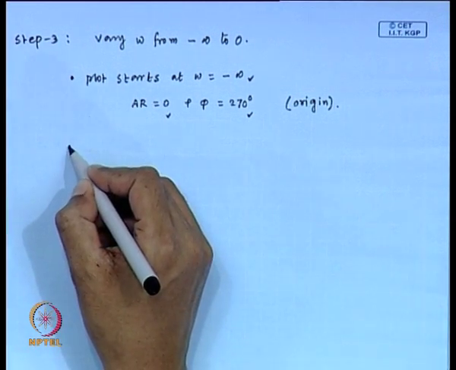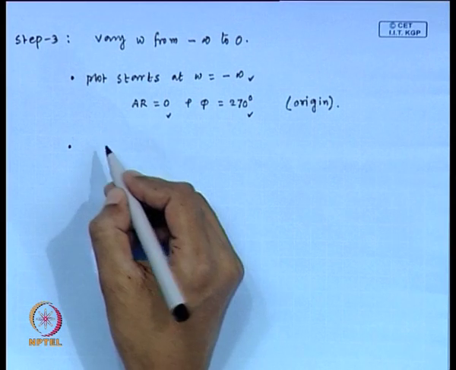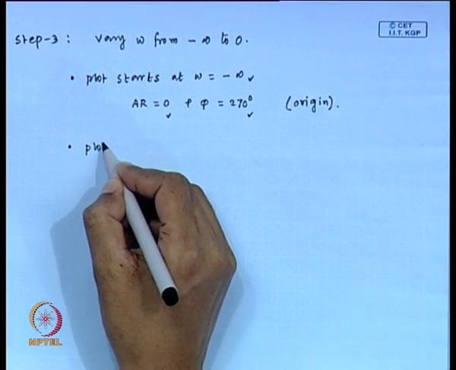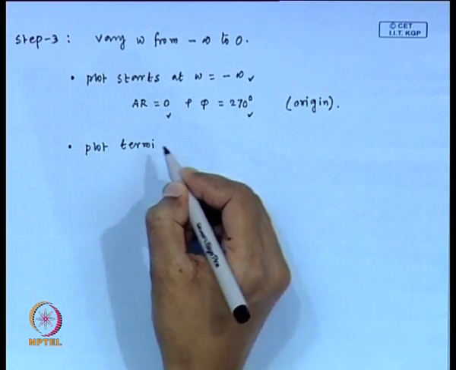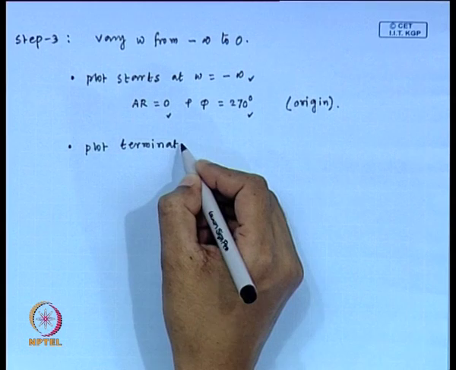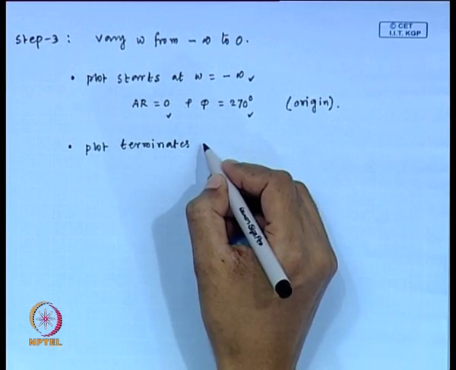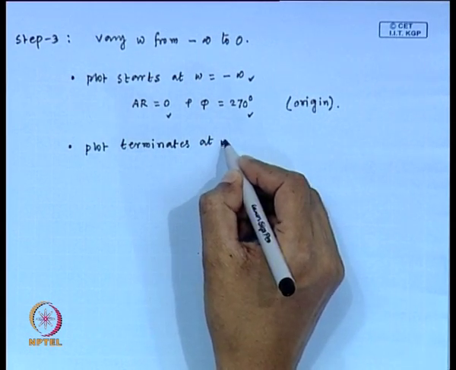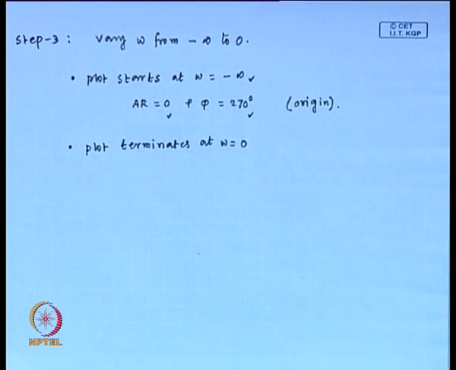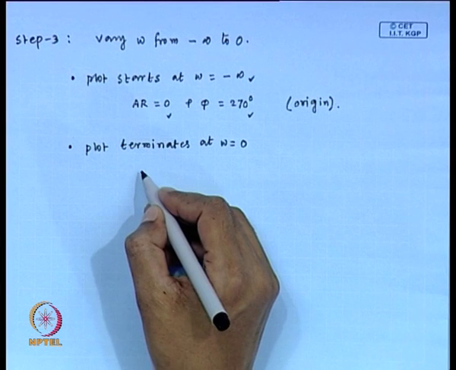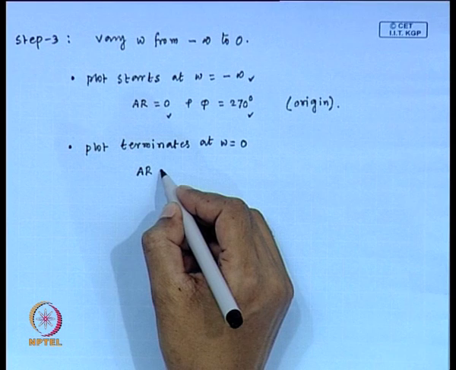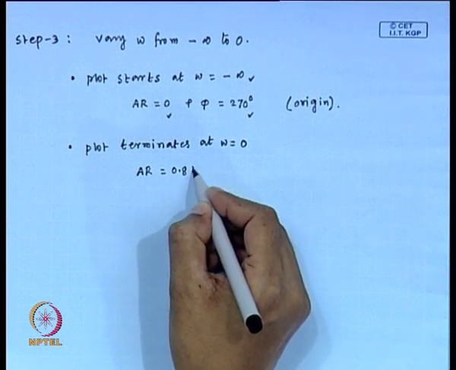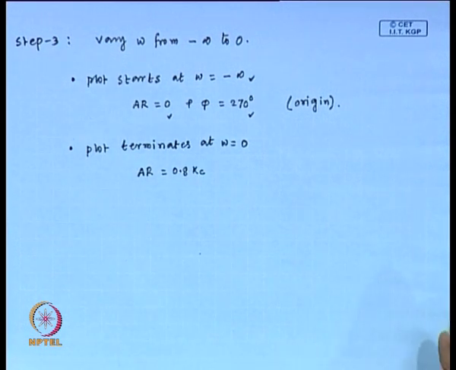Similarly, the plot terminates at omega equal to 0. What about the corresponding amplitude ratio? Amplitude ratio is 0.8 Kc.